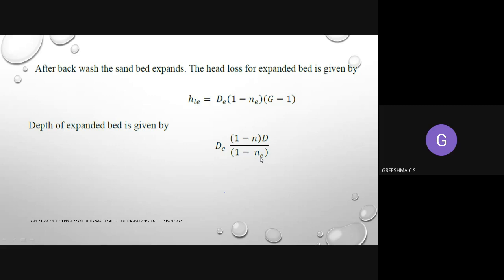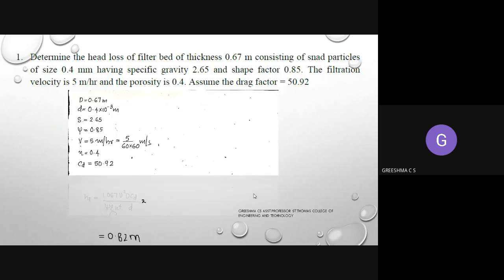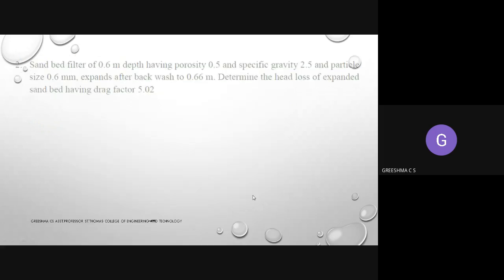Okay? So these equations are just for reference. I will do a problem, then you will understand better. Okay, so we can do this problem now.